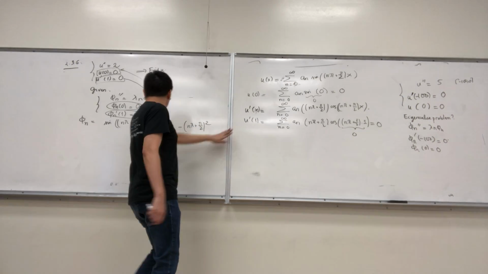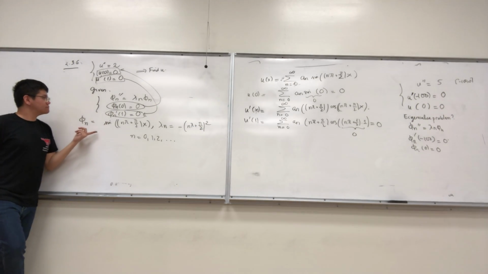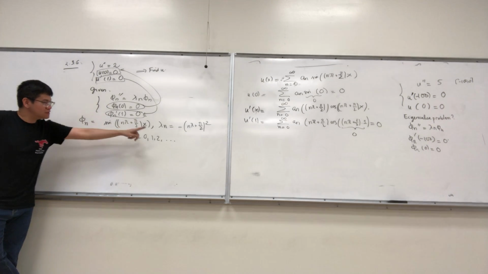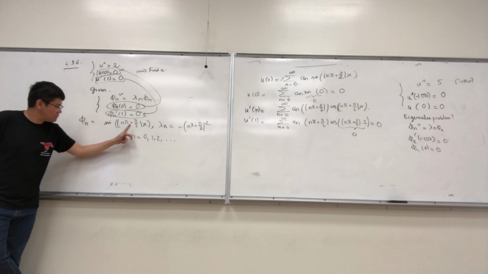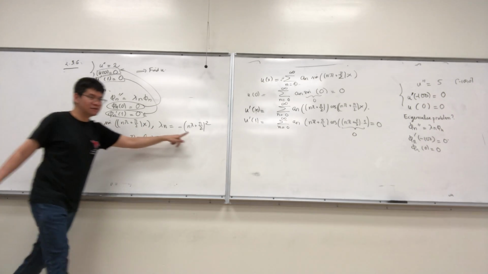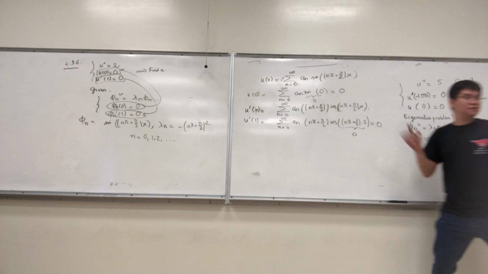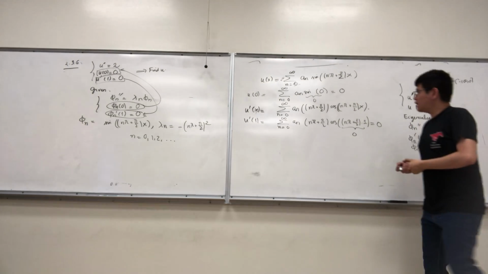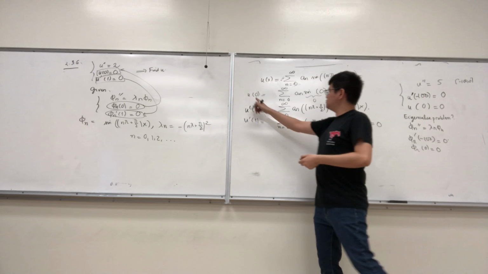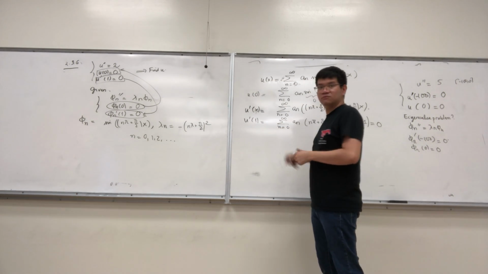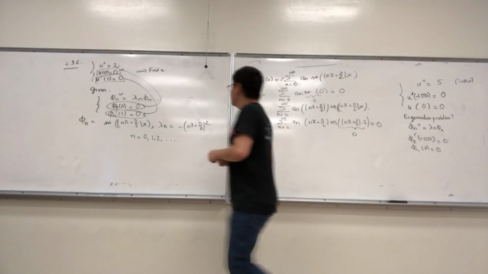So now I compute this problem. I have sinus of n pi plus pi over 2 x, and the lambda n is going to be this one. So I expand this u on this basis, right? So then you check that u at 0 is 0 and u prime at 1 is 0. Good, right?